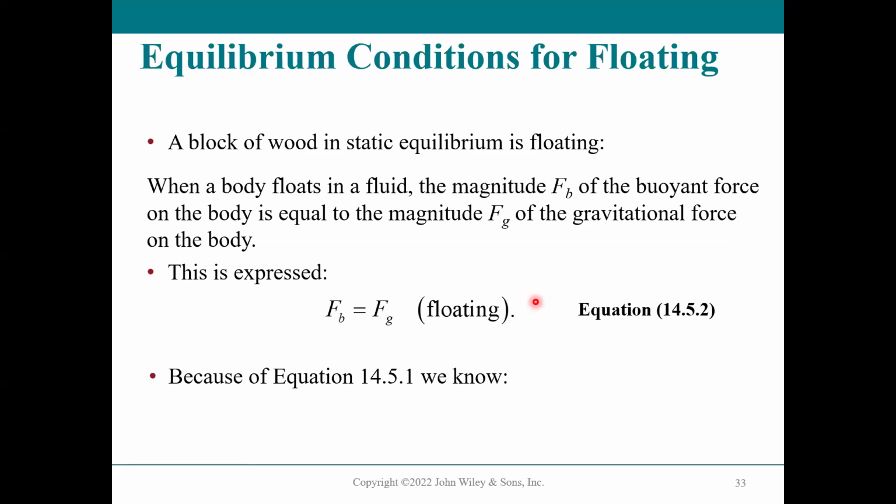So this one is the equilibrium condition for floating. A block of wood is static, in equilibrium, floating. When a body floats in a fluid, the magnitude Fb of the buoyant force on the body is equal to the magnitude Fg of the gravitational force on the body.